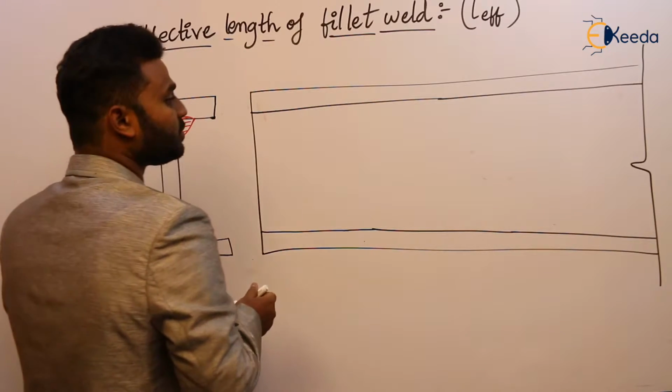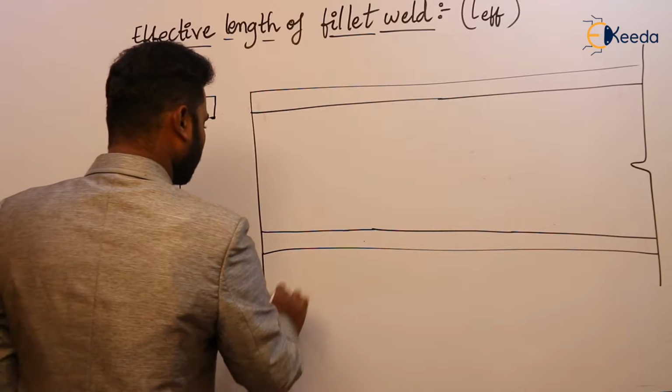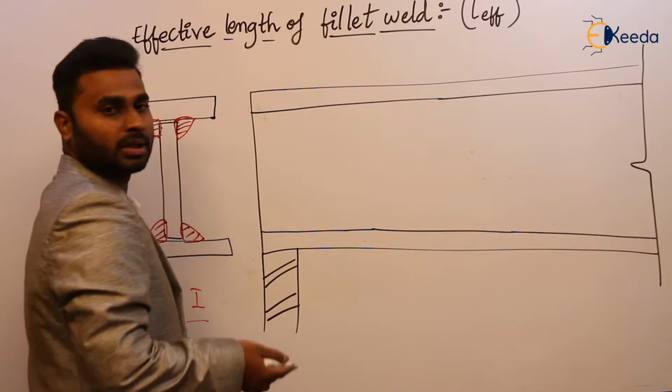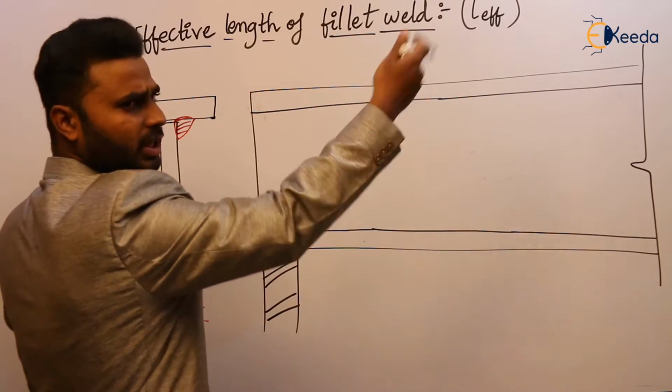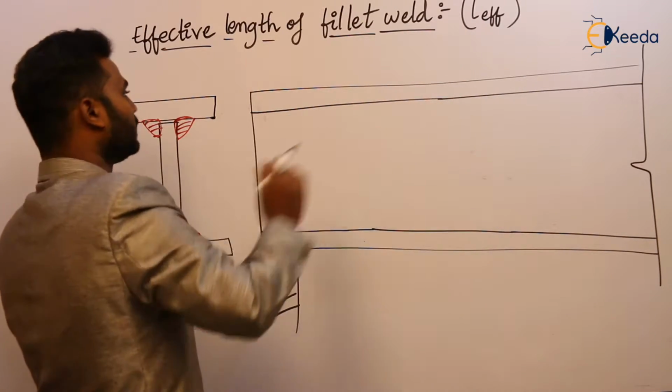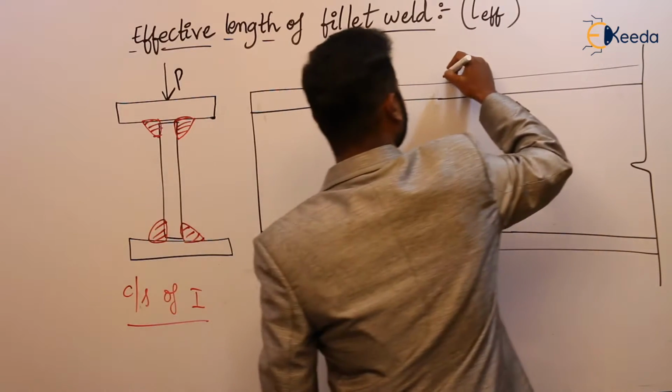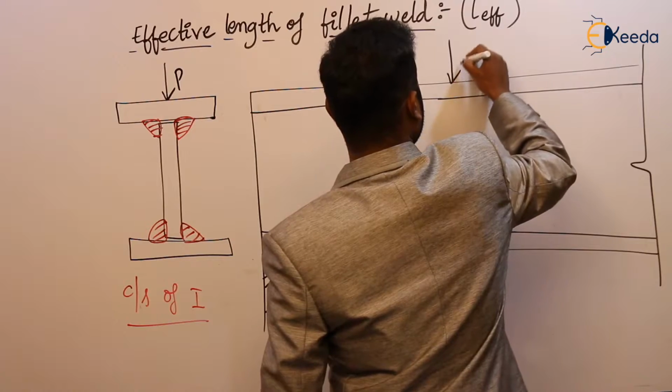Now assume it as a simply supported beam. Here the support is there, because we have to support it. There is a simple support on this side and on the other side also, but the length continues. Here the load is like this, P on the cross section, exactly at the center.